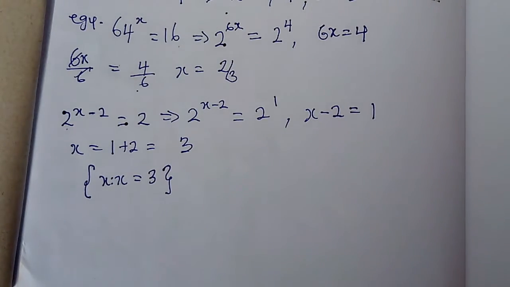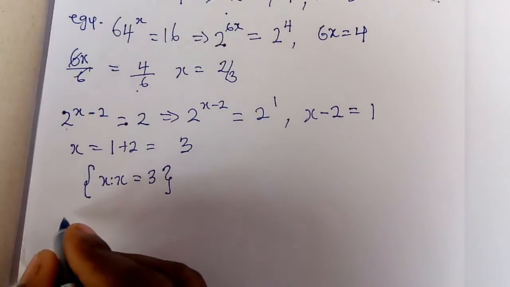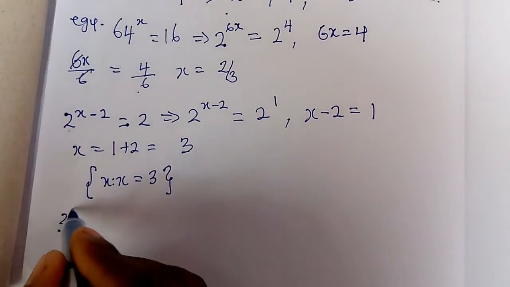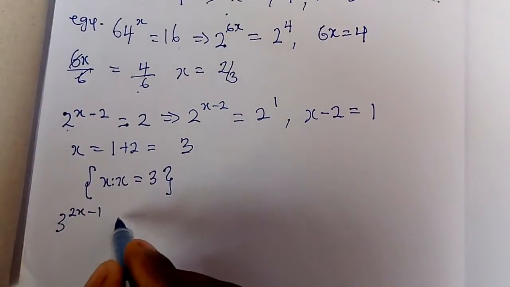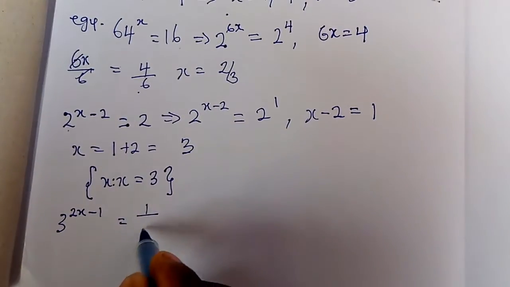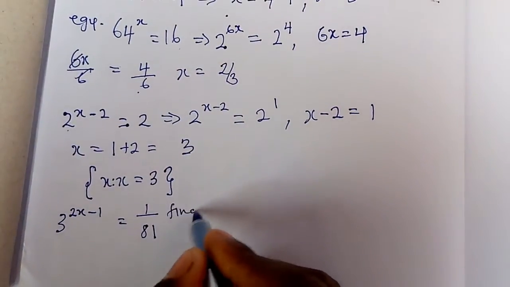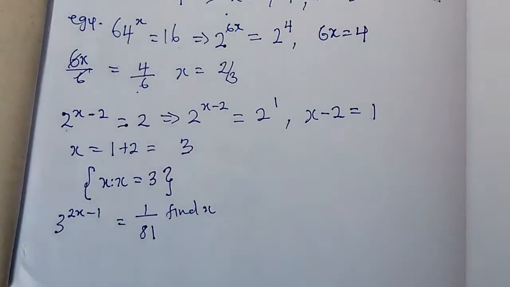So let's take the final example on exponential equations and see how far we can solve it. We have a question like this: 3 raised to the power 2x minus 1 is equal to 1 over 81, and we are to find x. How do we do it?